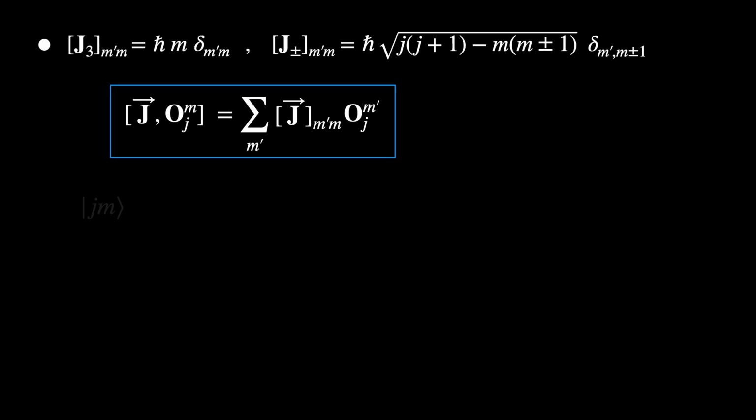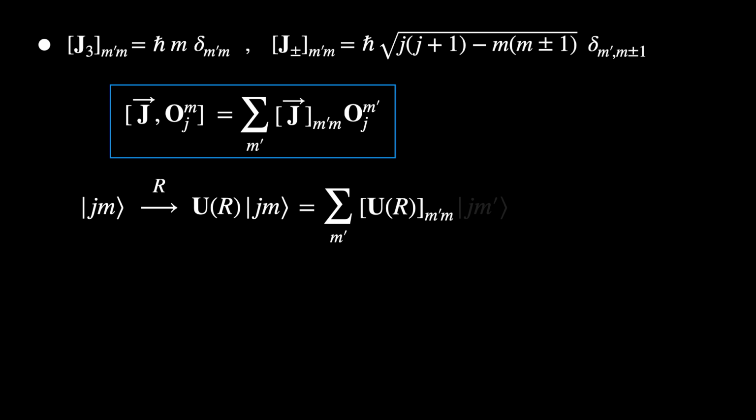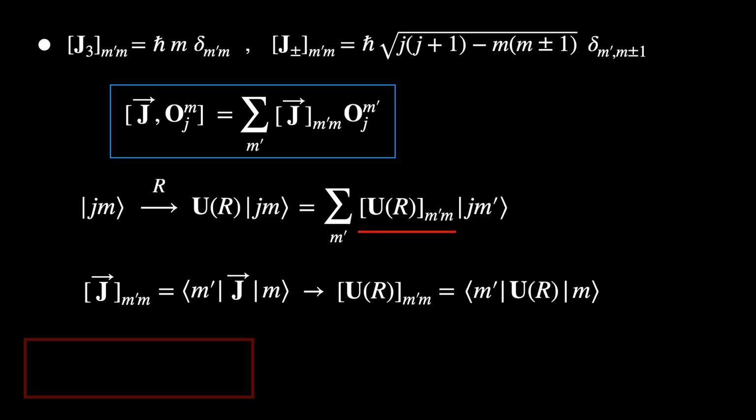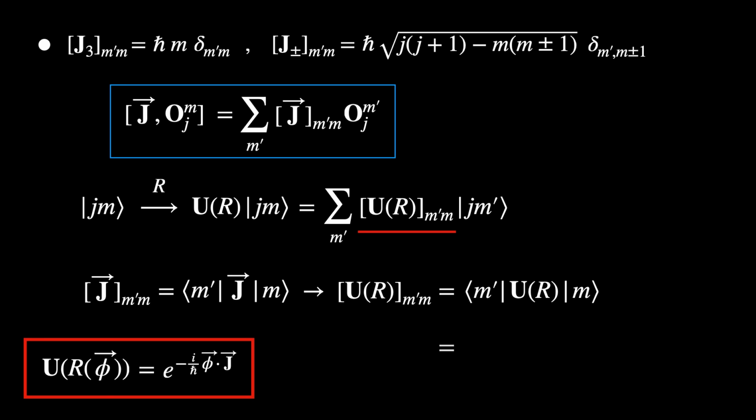Let's go back to how the JM states themselves transform. In terms of matrices in the angular momentum basis, this can be written as, where the matrix of UR is given by our earlier convention. This matrix is obtained by just the substitution of the matrices representing J into the standard exponential form below.